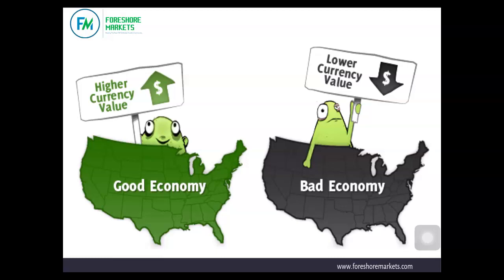When crude oil prices crash, it directly hits the Nigerian economy. Remember, a bad economy equals a lower currency. Once you start seeing bad signs in the Nigerian economy, the first thing that should come to your mind is that the naira is going to fall or be devalued.